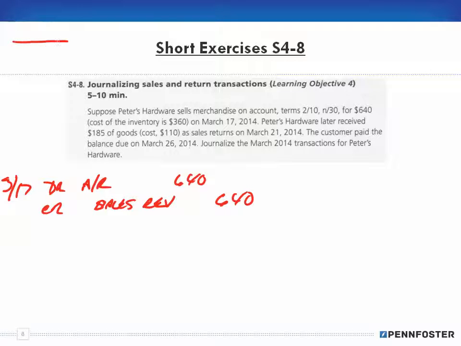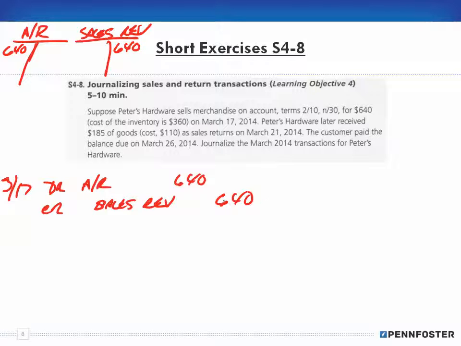Now I'm going to create T accounts here. The purpose behind T accounts is that they're just a tool for you to be able to see and understand what you're doing. So I'm debiting accounts receivable for 640, and I'm crediting sales revenue for 640.